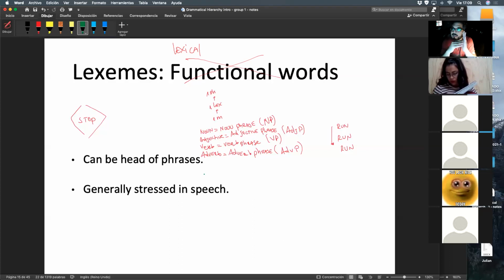The head is the most important and obligatory element inside of every single phrase, right? And lexical words are head of phrases. Therefore, as I have a noun, I will have a noun phrase. As I have a verb, I will have a verb phrase. Adjective, adjective phrase, adverb, adverb phrase.